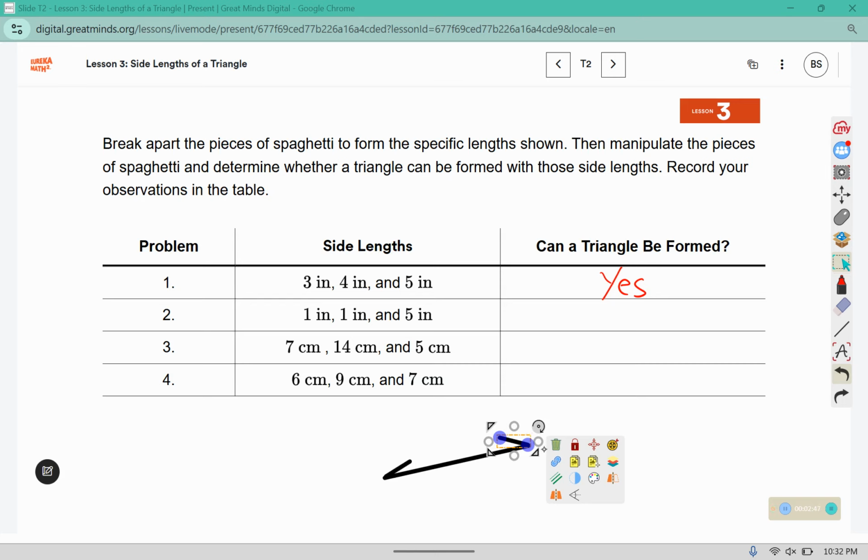But if I keep these endpoints touching here and here like they're supposed to be, no matter how I rotate these two little one segment pieces, they're never going to reach each other. And if I move it over here, this endpoint doesn't match up where it needs to. So no, I cannot create a triangle with these 3 side lengths.